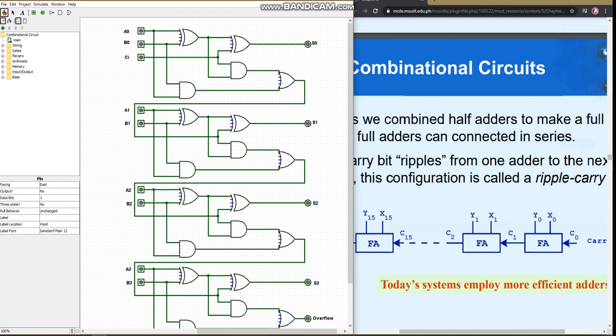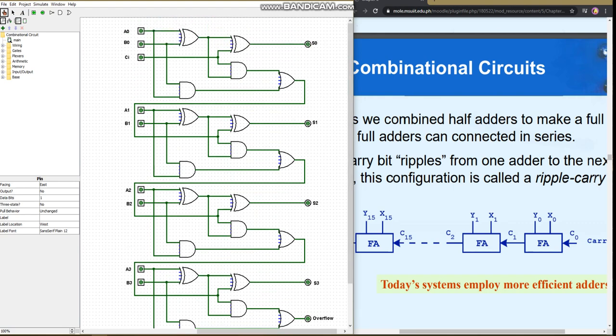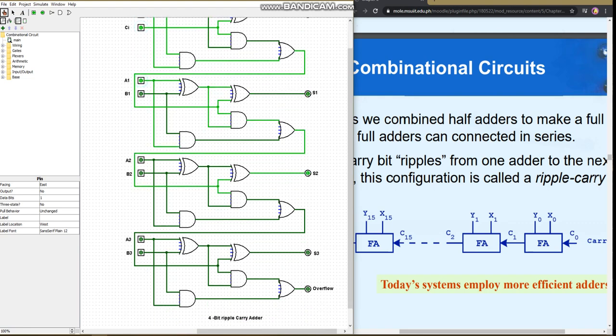So basically, this is a 4-bit adder because it can only represent 4-bit data, and if it exceeds 4-bit data, that happens when the highest ordered bit is being occupied.